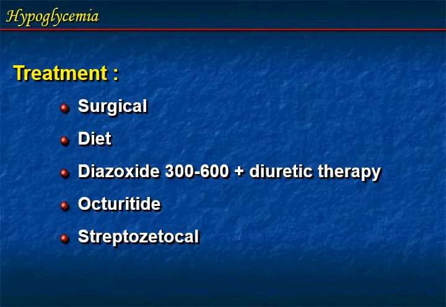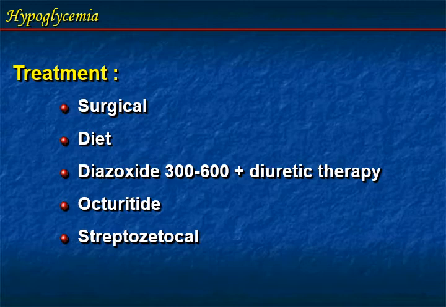Octreotide is a somatostatin analog, and we know that somatostatin has the capability to suppress insulin and glucagon secretion, and also suppress growth hormone secretion, and also produces vasoconstriction of the splanchnic blood vessels.